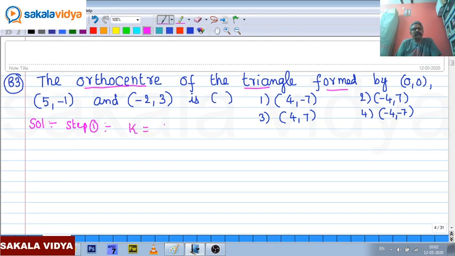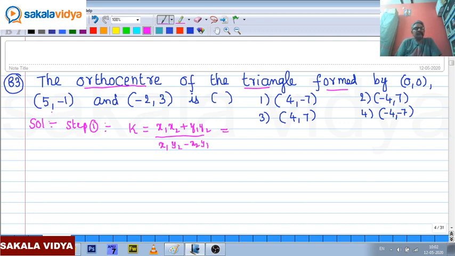What is the K value? (x1 x2 plus y1 y2) upon (x1 y2 minus x2 y1).